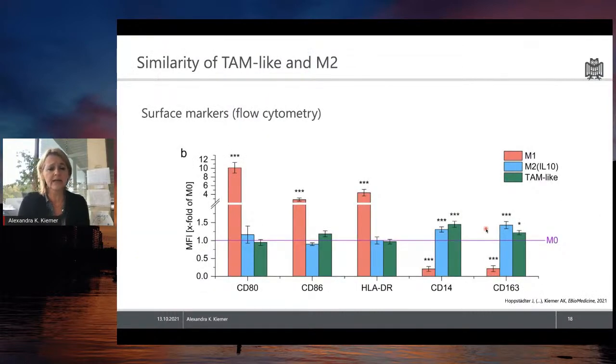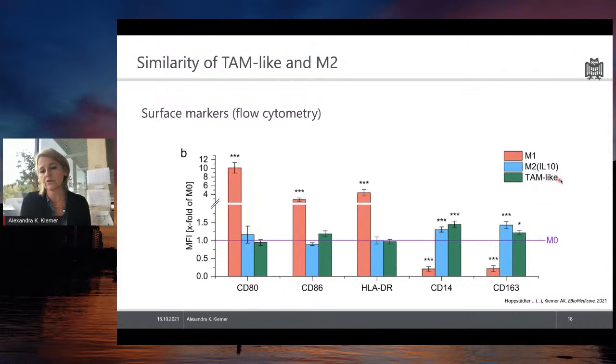Before I show you these data, just another brief characterization we did. We analyzed typical surface markers of these macrophages, and we saw that these M2 macrophages do exhibit stronger surface markers of M2 macrophages, what you would expect, and that the M1 macrophages show higher abundance of surface markers typical for M1 macrophages.